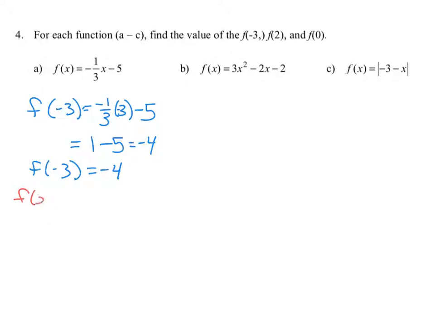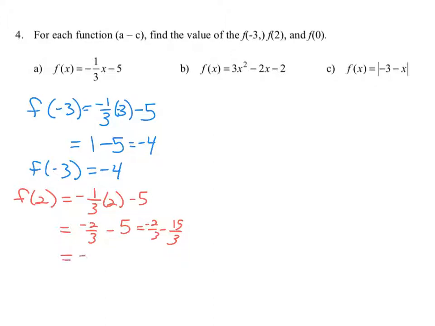F of 2 is found by replacing the x in the original function with 2, and then simplifying the result. -1/3 times 2 is -2/3, and -2/3 minus 5, with a common denominator of 3, is -2/3 minus 15/3.